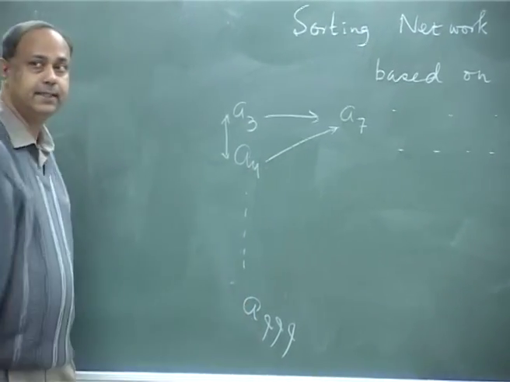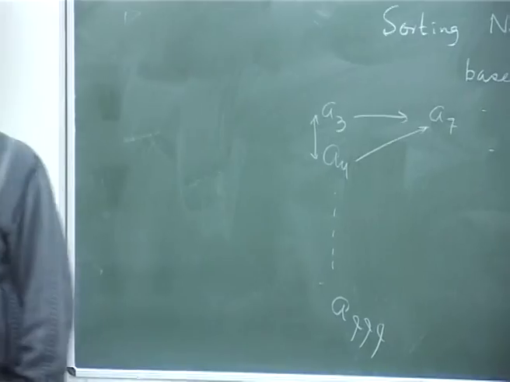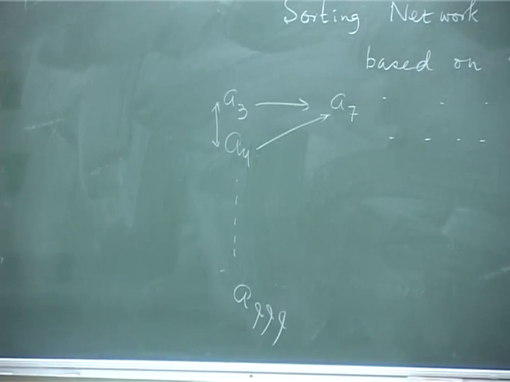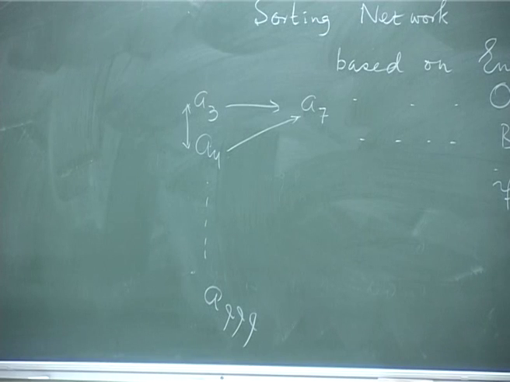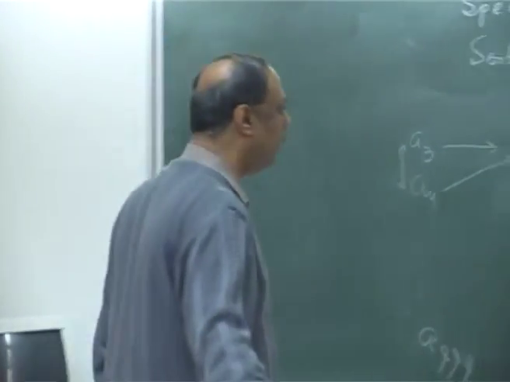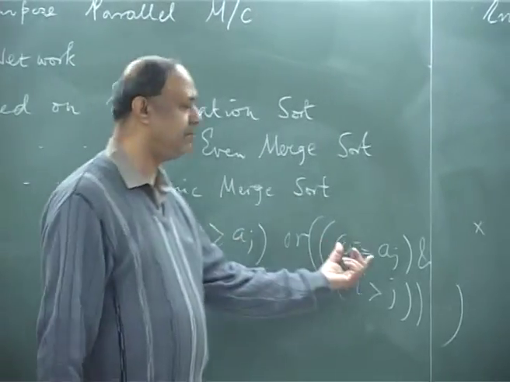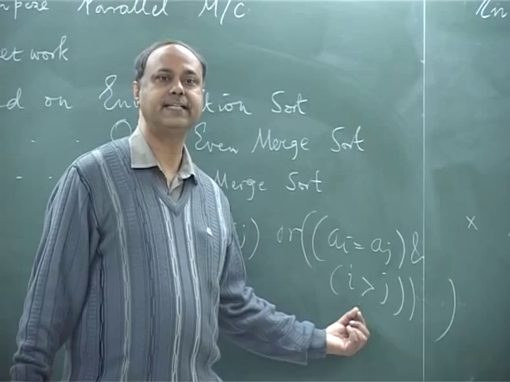This and this, they are the same. Now you tell me, if repetitions are more, then does the complexity increase? The simple way to handle this is that if you find the same, then you just check the index.